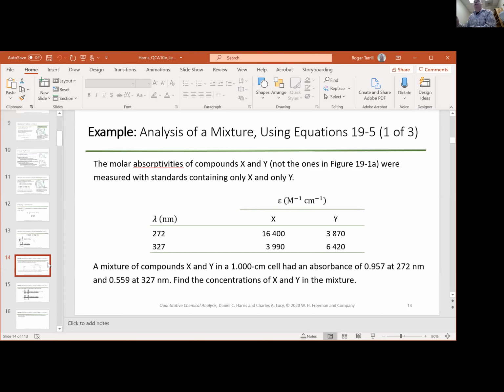We have this information, right? We have epsilon for X and epsilon for Y. At 272, epsilon Y is 3870 and epsilon X is 16,400. At 327, epsilon Y is 6420 and epsilon X is 3990.